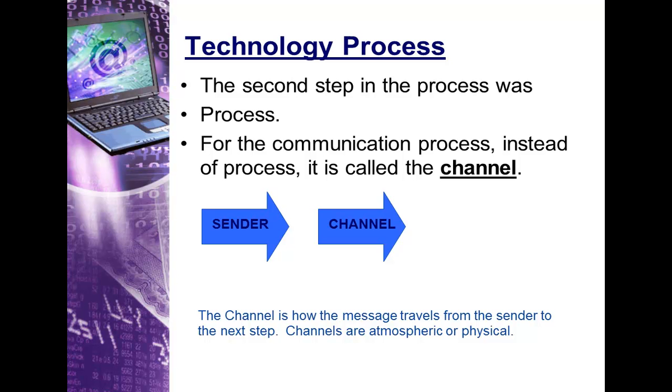Atmospheric would be things like light waves or sound waves. While we can't see them, they are actually floating through the air. For example, sound waves go from the vibration in the throat of one person to the ears of another person. Light waves do the same thing. The light reflects off of something, and it gives you the illusion or the images or the colors that are present.